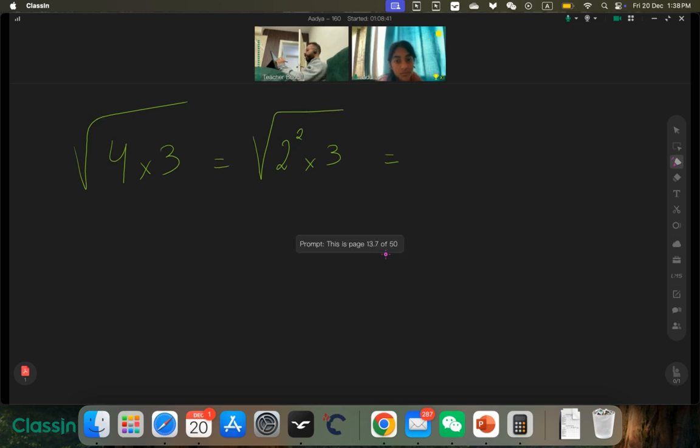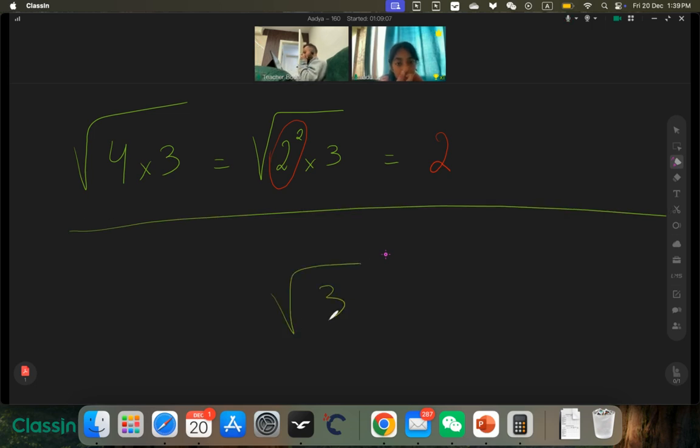So over here, I can get this 2 squared. We just did it. So we did it as 2, right? Yeah. Okay. But if I want to do radical 3, it is power 1, and this one is power 2.